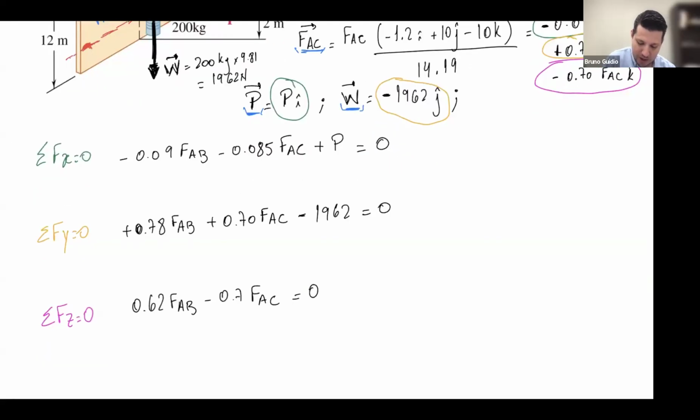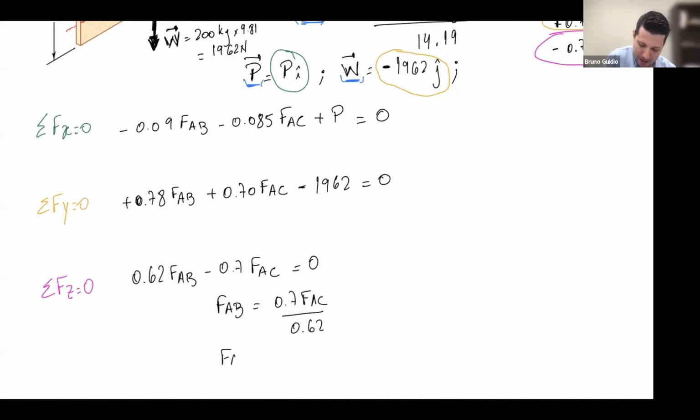This one is much easier for me to substitute, writing one in terms of the other. FAB is 0.7 FAC divided by 0.62, so FAB is 1.13 FAC. This is my equation number 1.